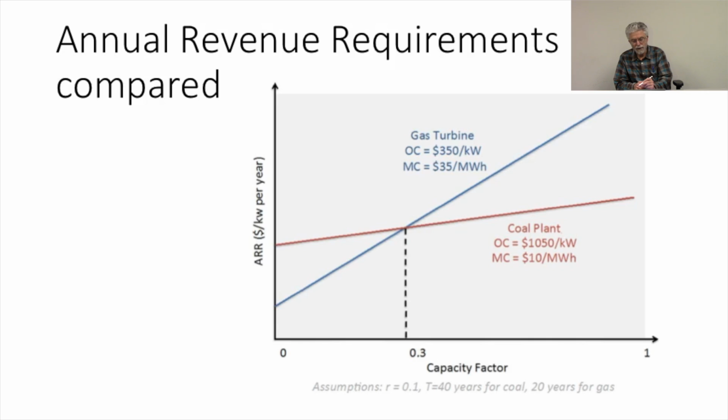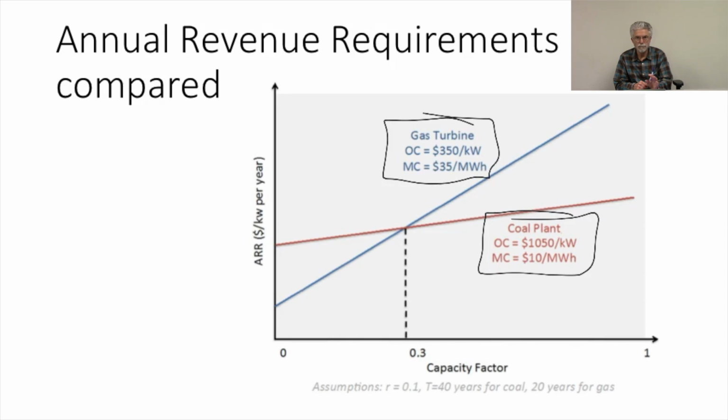So given the graph we have here on the slide, you can see that we're comparing a gas turbine with a baseload coal-fired power plant.